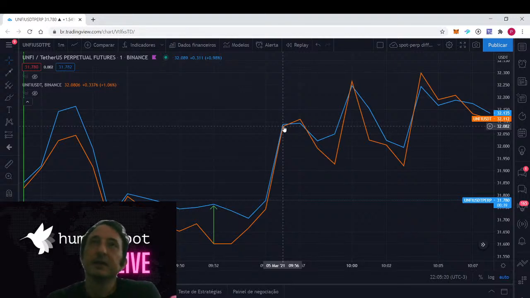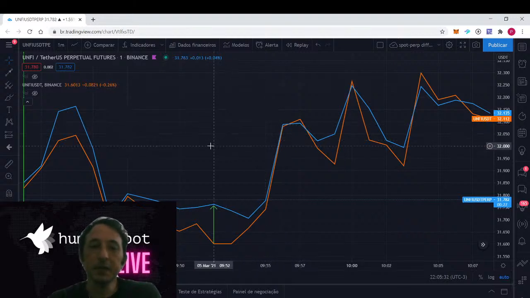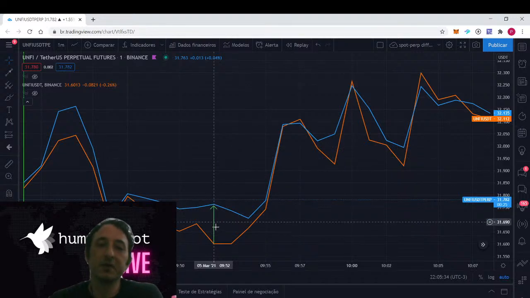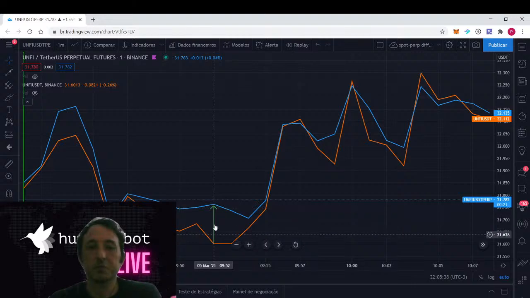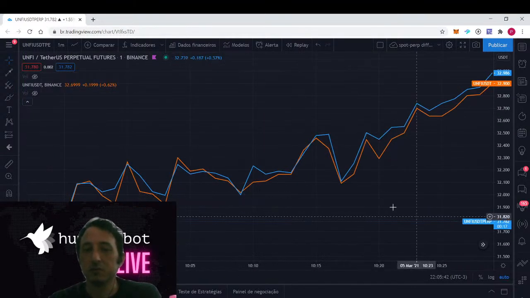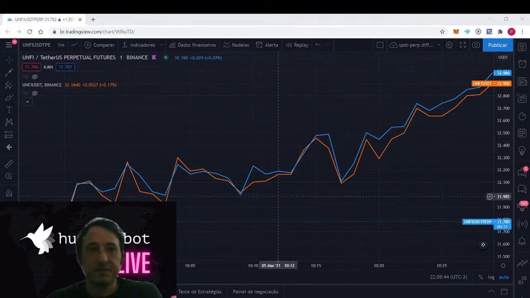That way, at the moment the trade is closed, you would have a zero delta between the values that you have on each market. But since you opened with this difference, you would have a profit that corresponds to this moment, right? So do you guys have any questions about how the strategy works?